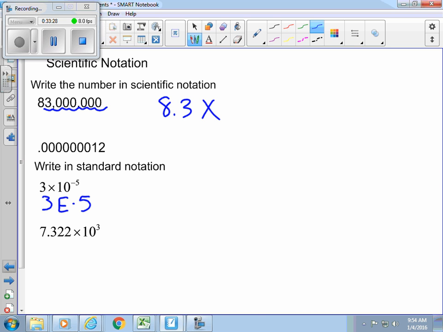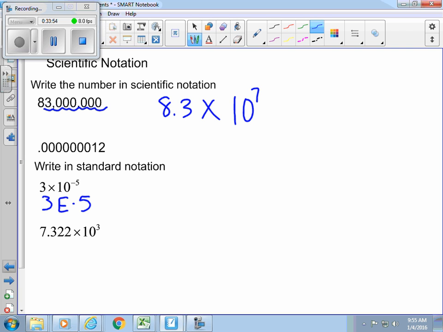I moved the decimal 7 places. Times 10 to the 7. How do I know it's a positive 7 and not a negative 7? Right. It's a big number. Wouldn't a negative exponent be dividing by 10? Because it would flip it. See how it works? So a positive exponent would make a big number, a negative exponent would make a decimal number.